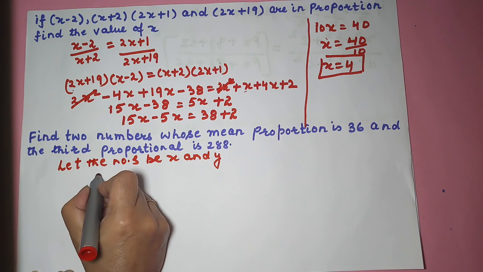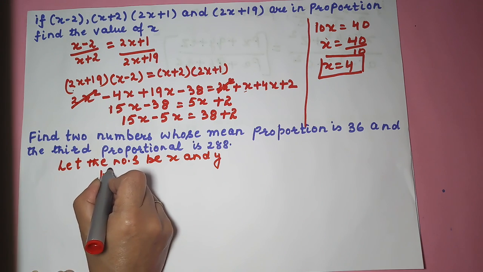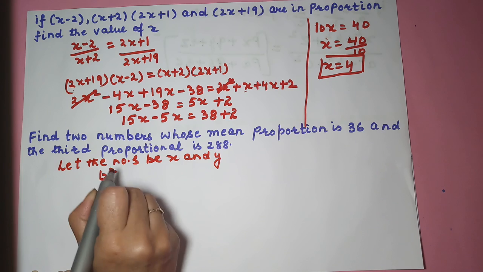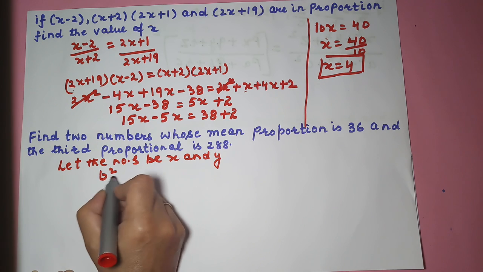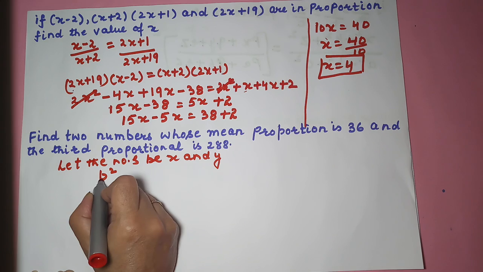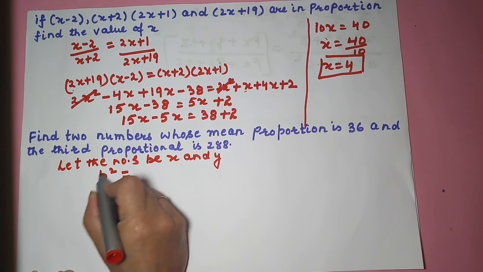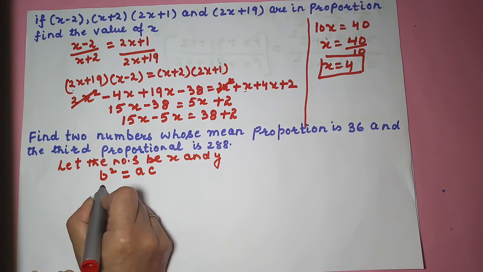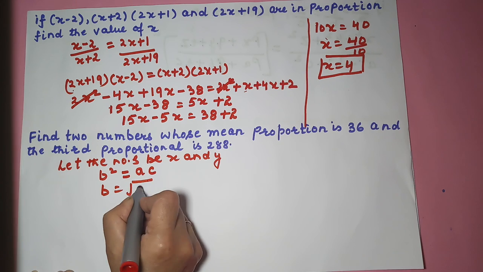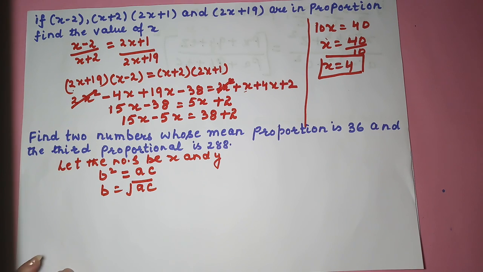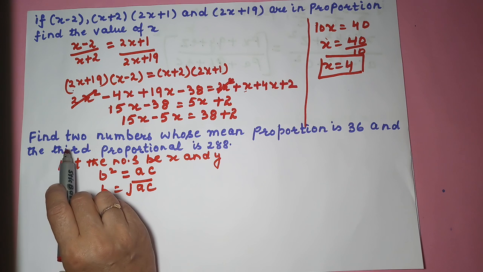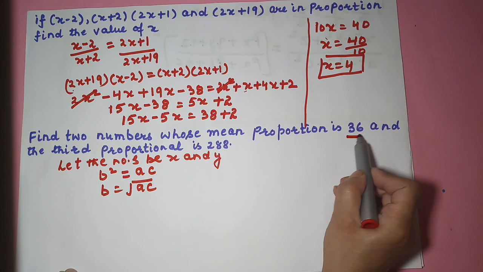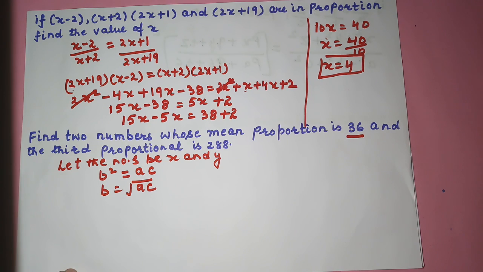We know that if we have three numbers a, b and c, and b is the mean proportion between a and c, we always express it as b square equal to ac or b is equal to under root of ac. We have done that in the previous sums. Now here he's saying that 36 is the mean proportion between these two numbers x and y.